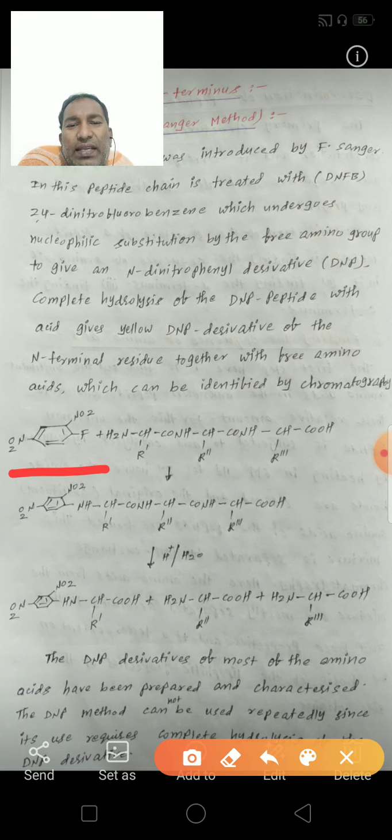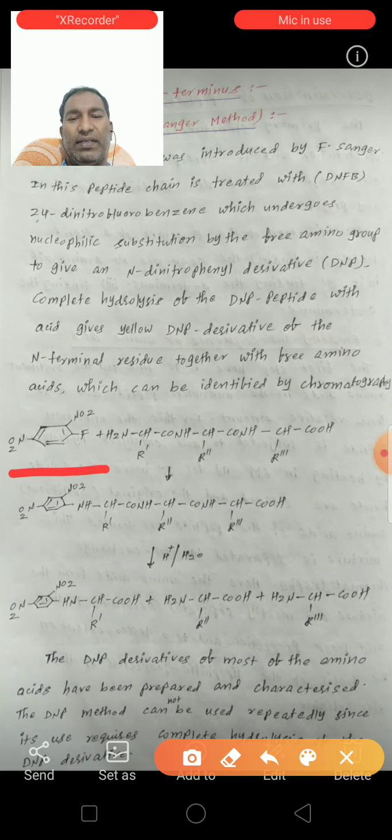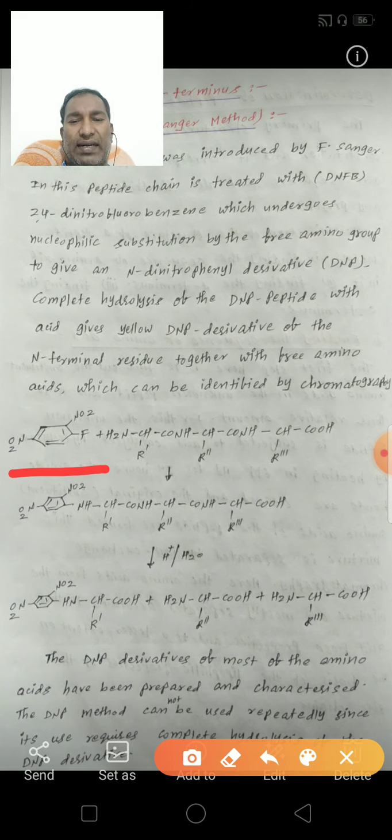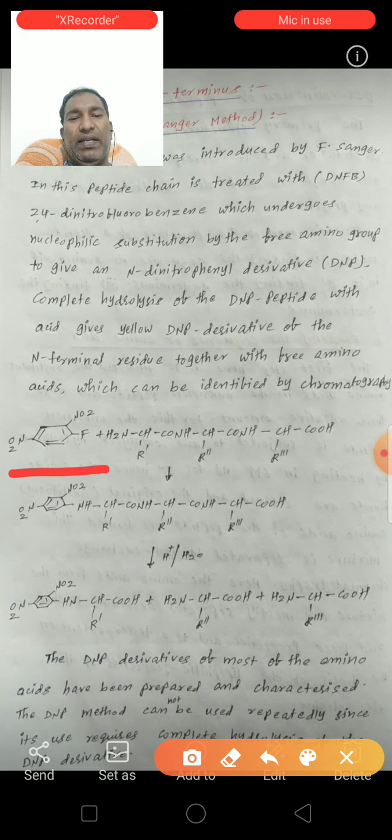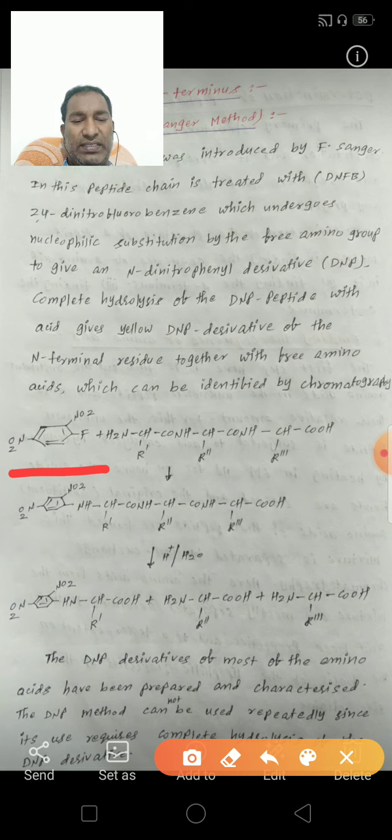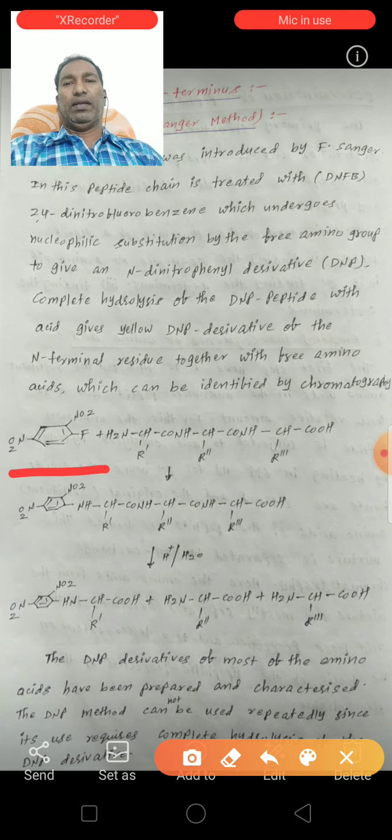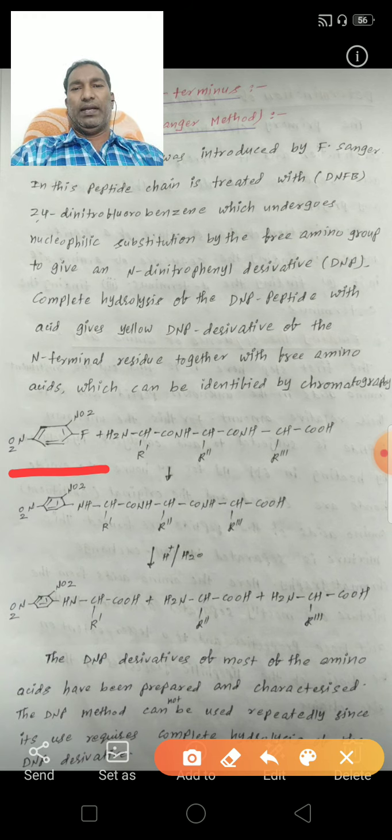The DNP derivatives of most of the amino acids have been prepared and characterized. The DNP method cannot be used repeatedly since its use requires complete hydrolysis of the DNP derivative.